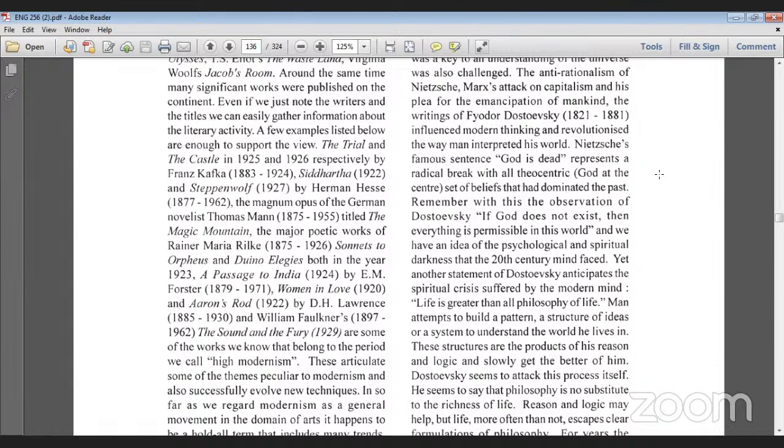And William Faulkner, 1897 to 1962, The Sound and the Fury, 1929. These are some of the works that belong to the period we call high modernism. Okay, this is called the modernism period. You have to include all this in your exam. It's an important part. These articulate some of the peculiarities of modernism, and also successfully involve new techniques.